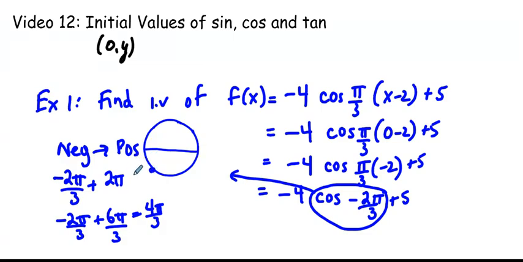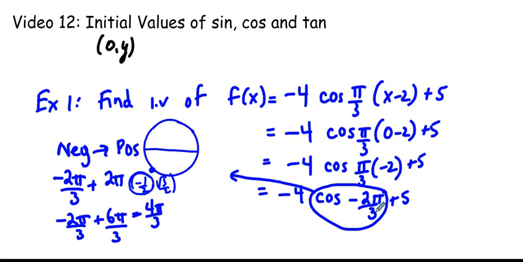So I want the cosine. The cosine of 4 pi over 3 is -1/2, and the sine is -root 3 over 2. So -1/2. Okay, so I hope you got that. I wanted to use the unit circle, I didn't want to use my calculator.